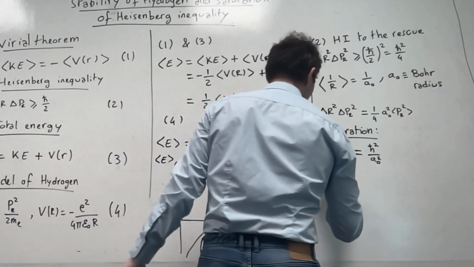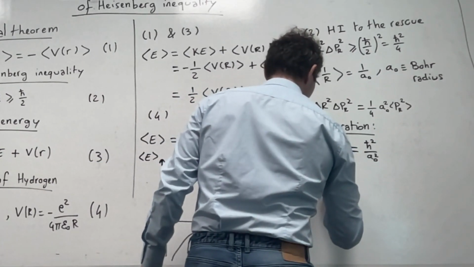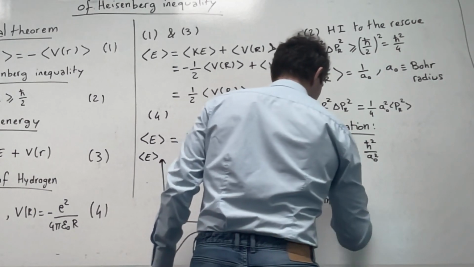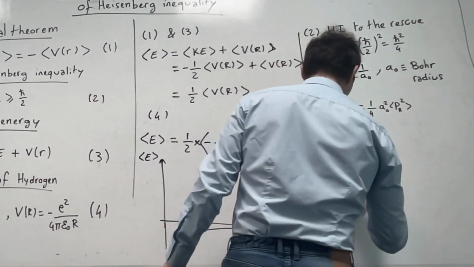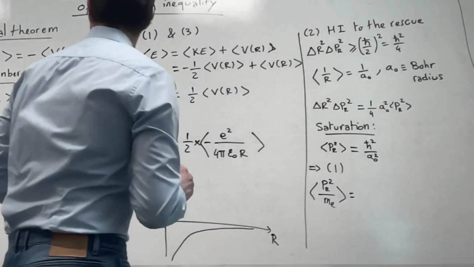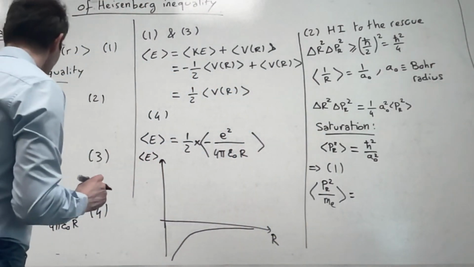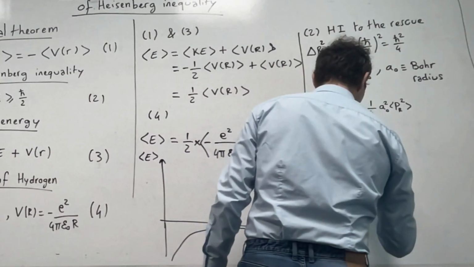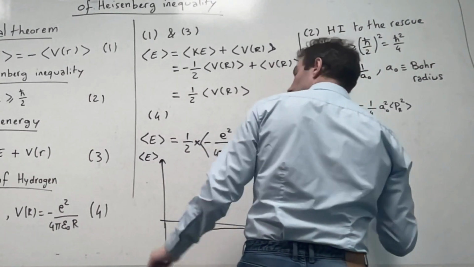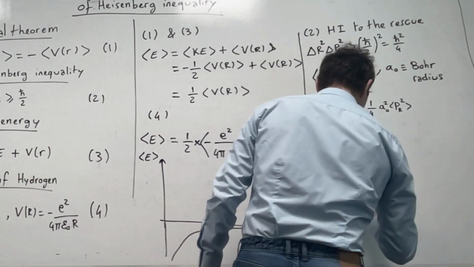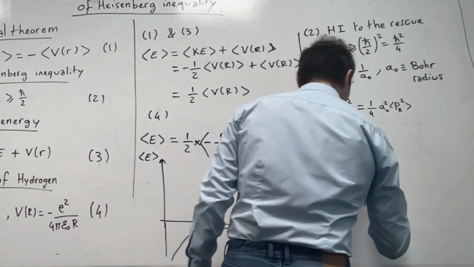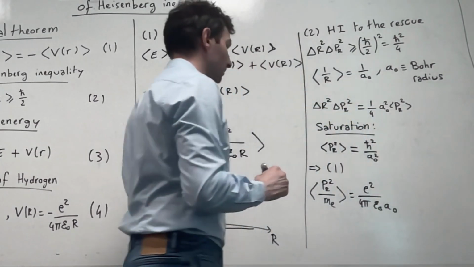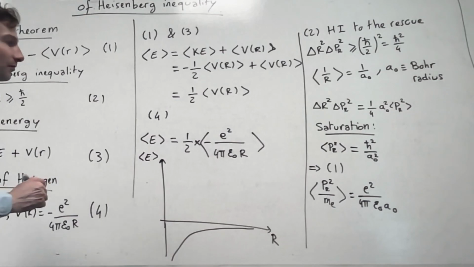So I'm going to get ⟨P_R²⟩/m_e is equal to minus ⟨V(R)⟩, so that's e²/(4πε₀ a₀), okay, because I'm taking the expectation value.